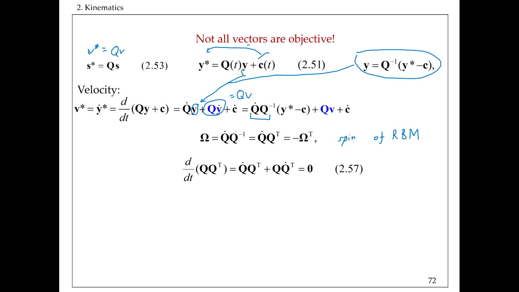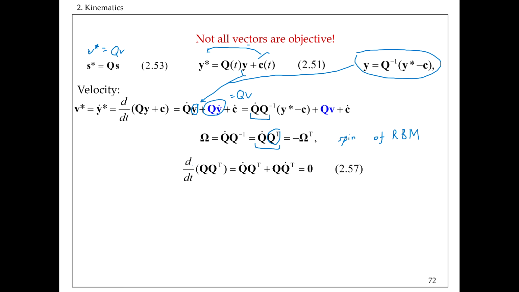So again, the first thing is that instead of the inverse here, because this is still a proper orthogonal tensor, we can write that this is q transpose, which we do exactly here, right? And now we can look into this term, and with some trick we can say that spin is the antisymmetric tensor.